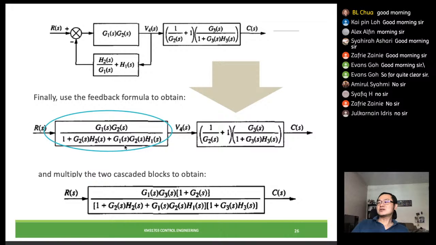Okay, so when you simplify them again, you will get this. This continues as a single block in series with the other block.